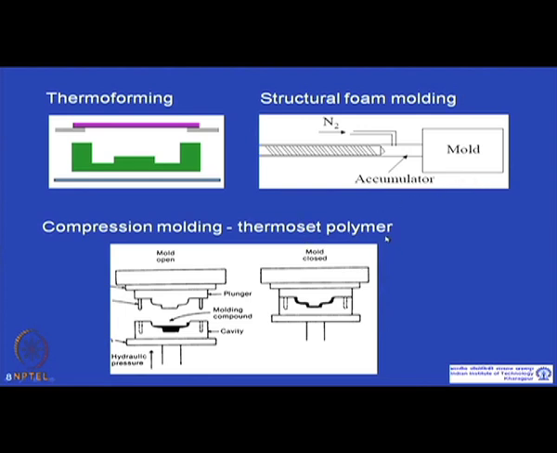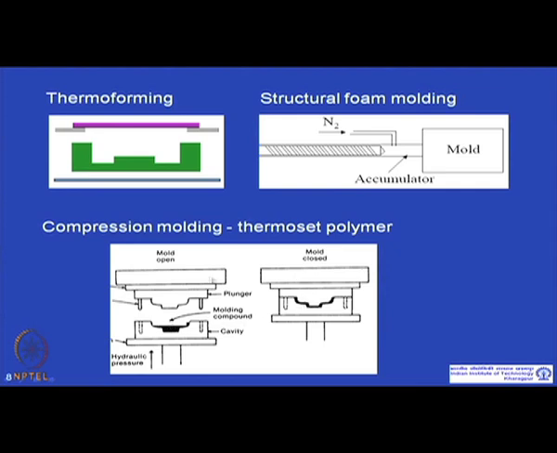So, thermoset polymers are molded using compression molding. Basically, as you know, thermoset polymers cannot flow at higher temperature. They are cross-linked materials, so they do not flow. So, basically what you do, you melt in a cavity, and then with a particular shape mold, you just compress them and leave it.